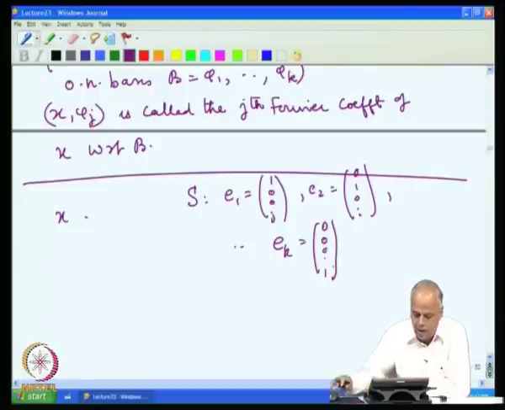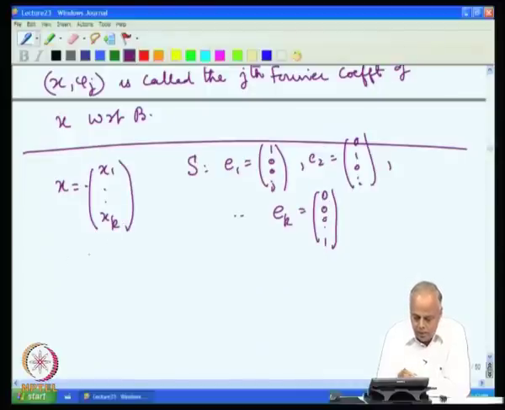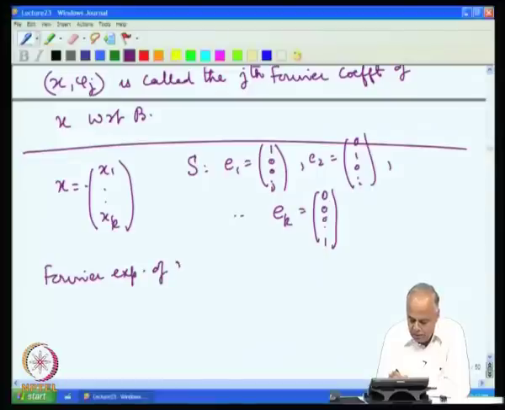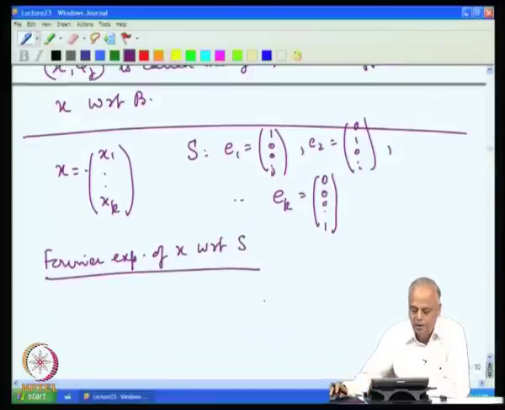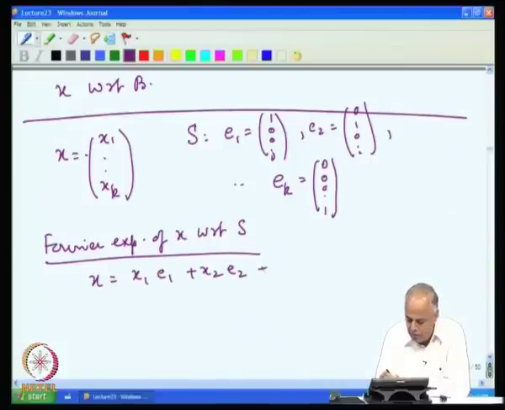This is the standard basis, and if I have x which is x 1, x 2, x k, then the Fourier expansion of x with respect to this basis is nothing but x is equal to x 1 E 1 plus x 2 E 2 plus x k E k.